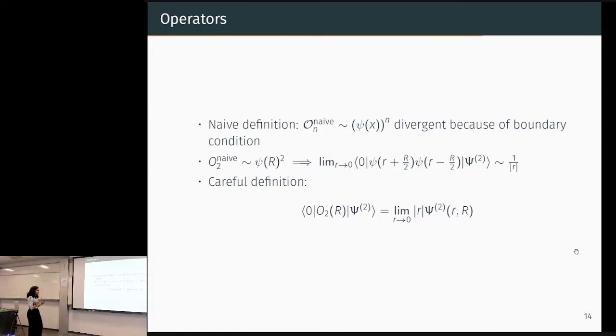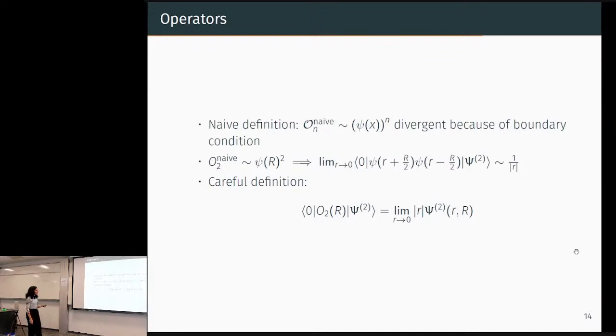Now, once we have that, we can start defining our operators. A naive definition for the operator would have been to just take the nth power of these psi, or free fermion operators. But because we have this non-trivial boundary condition on the wave function, that leads to divergences, and so the operators are not well defined.